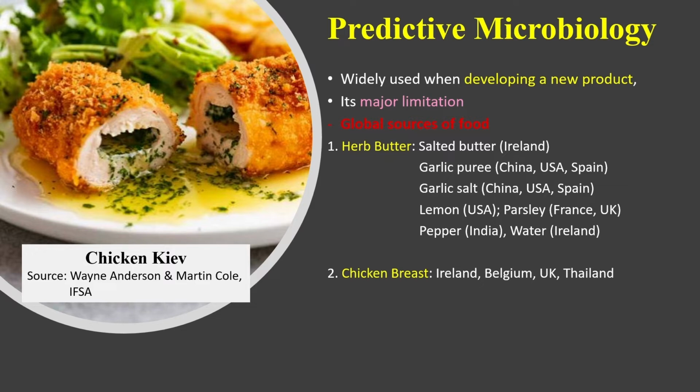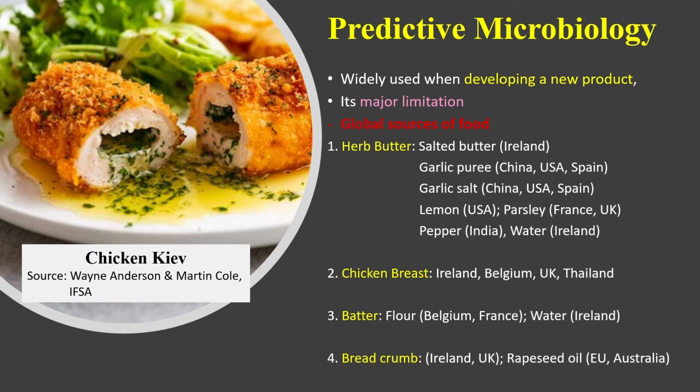Then they have chicken breast that may come from Ireland, Belgium, UK or Thailand. Then you may have the batter, the flour from Belgium, France, the water from Ireland, and the breadcrumbs from Ireland and UK, the rapeseed oil from a European country or Australia.